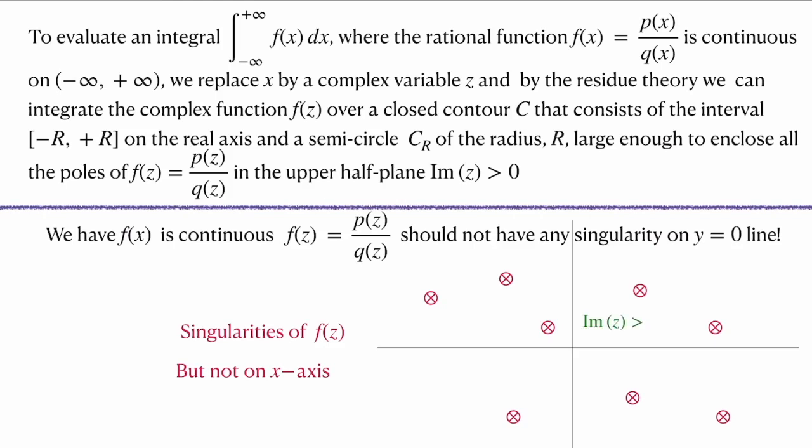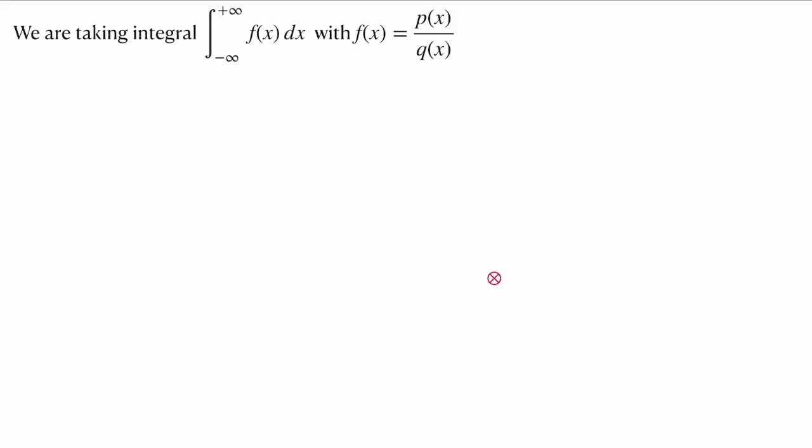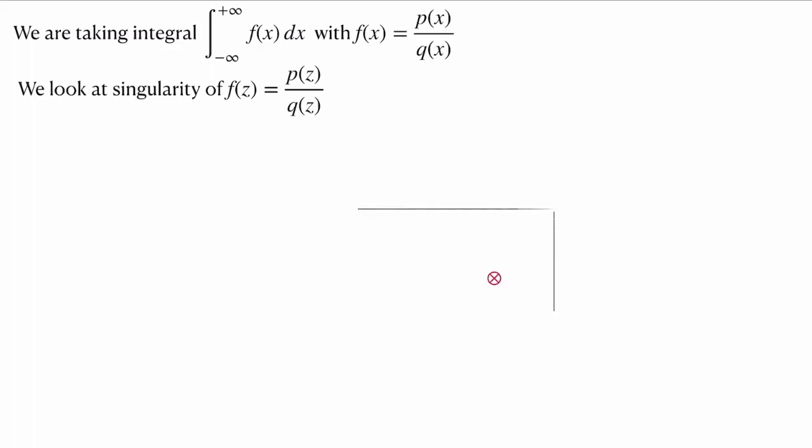In order to take the integral, we use a contour in the region imaginary z greater than 0, the positive y axis, and ignore the negative y axis. For taking the integral from minus infinity to plus infinity, we look at the singularities of the function f of z equal to p of z by q of z.